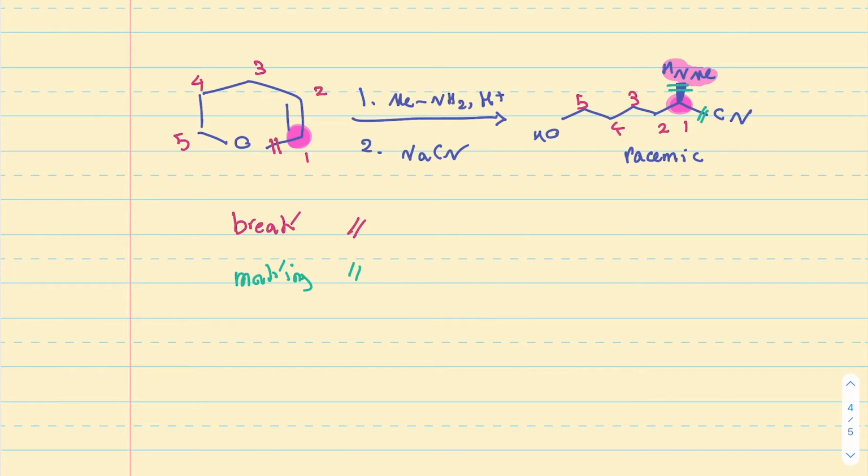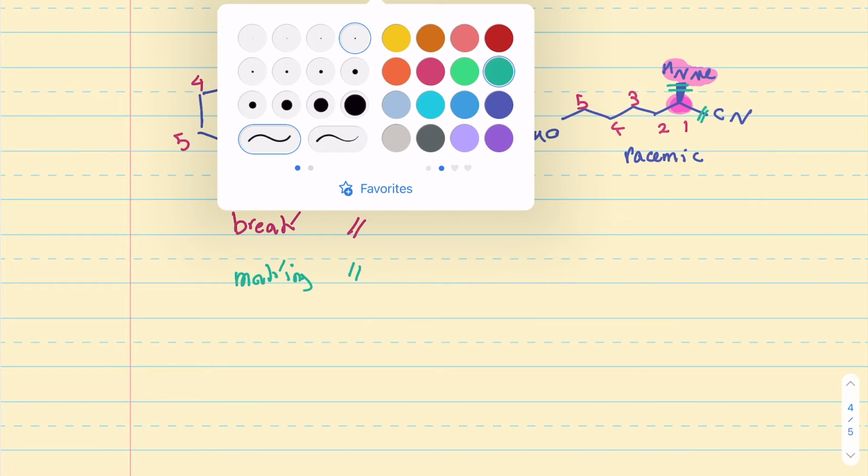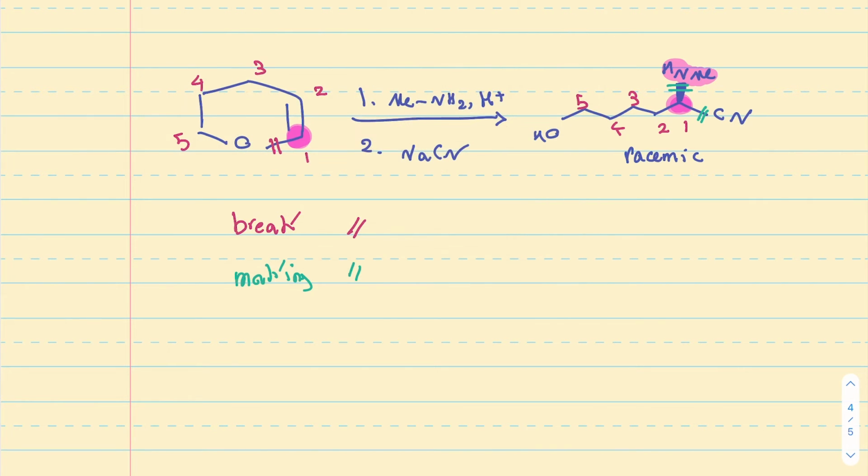All right, now me thinking that carbon 1 is practically a masked aldehyde makes me think that the first step of this reaction is basically going to be the reaction of an aldehyde with a primary amine, which is going to give me an amine, but I'm kind of keeping an open mind. Let's see what is going on here.